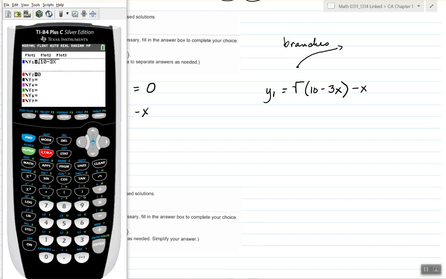Mine looks very much like what I want to type. I need to get out from under the radical, so once again, hit the right arrow key. Now I'm out of the radical, subtract x. All right, I'm going to do a zoom number 6, which gives me a standard window.